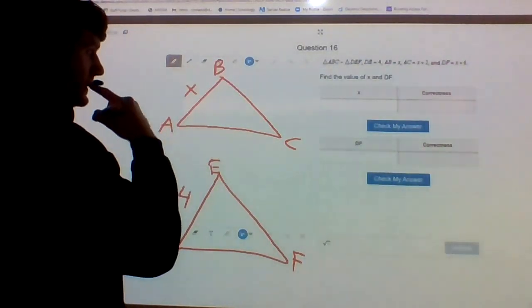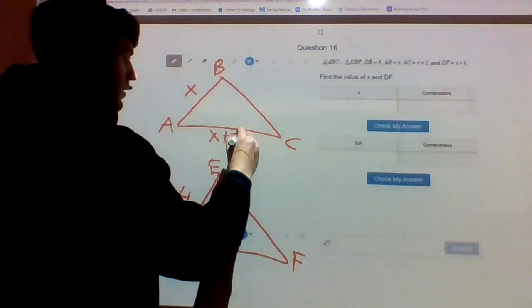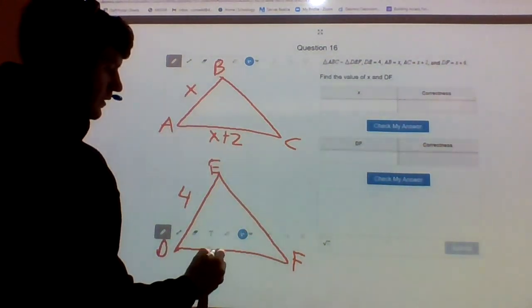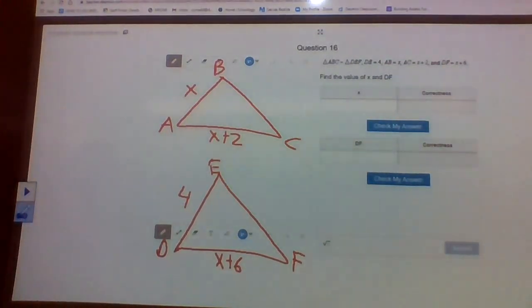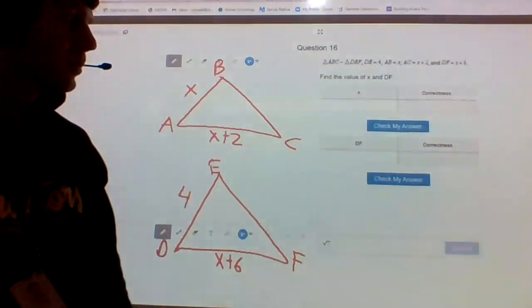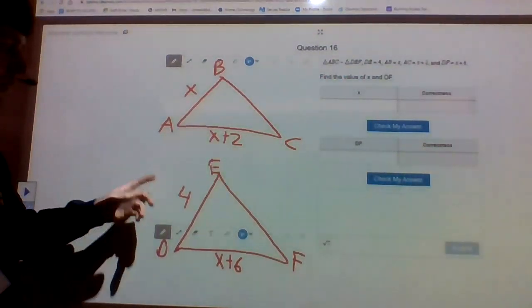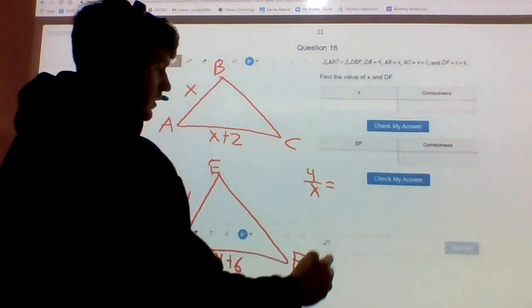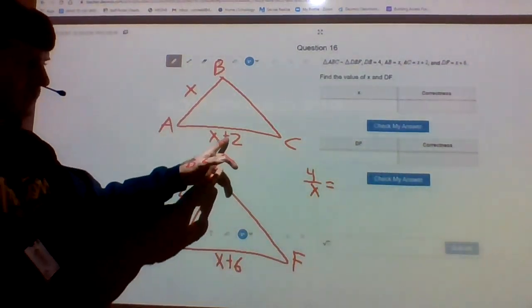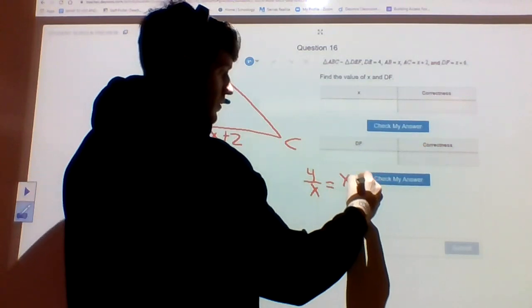The measure of AC is x plus 2. And the measure of DF is x plus 6. Since we know these are similar triangles, we know the sides are proportional, so we can set up a proportion here. So 4 over x is going to equal x plus 6 over x plus 2.